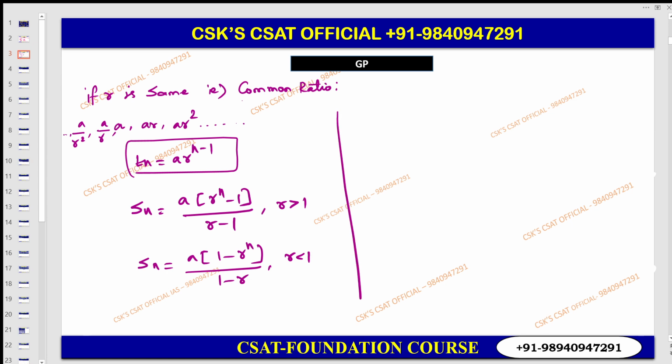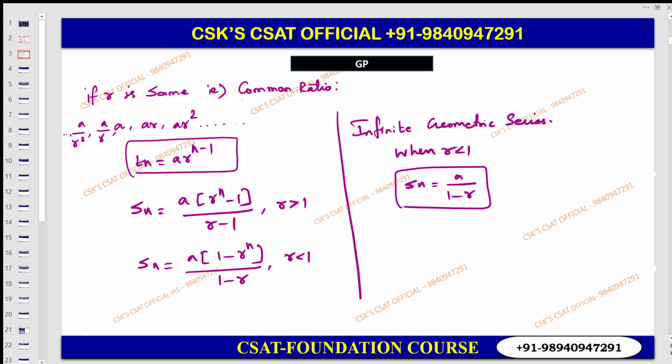Even for an infinite geometric series, when R is lesser than 1, you can use this one. S is equal to A by (1 minus R), right?